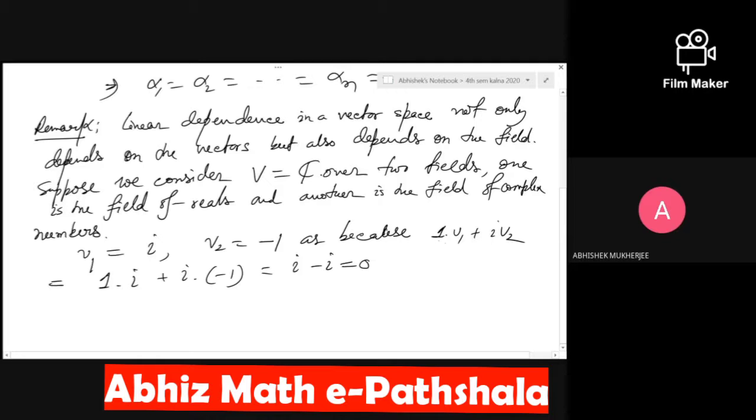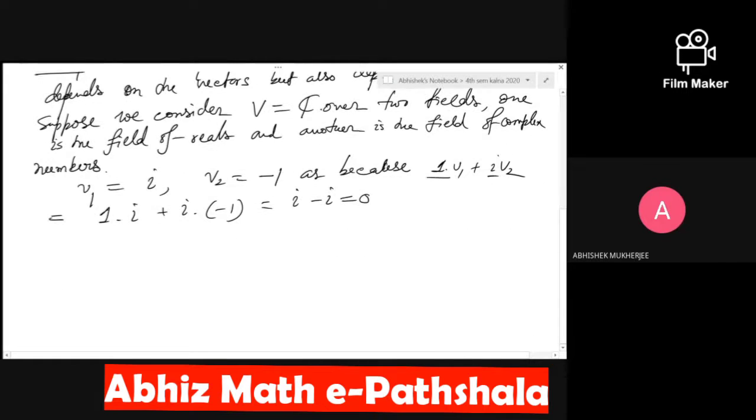But the scalars are non-zero scalars. So one can be represented as a scalar multiple of the other, and that means these two vectors are linearly dependent over the field of complex.